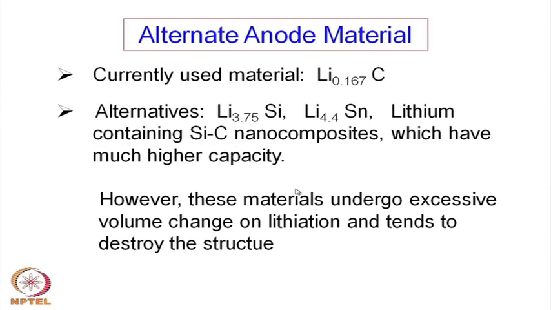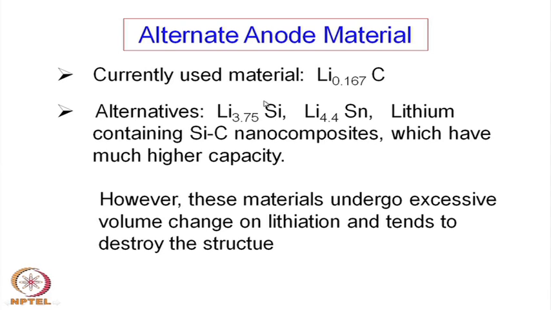Now, there has been a lot of consideration, or research work is still going on, on the alternate anode material as well. Okay. So, this is our currently used material, it has been written in a different way, it is actually LiC6.